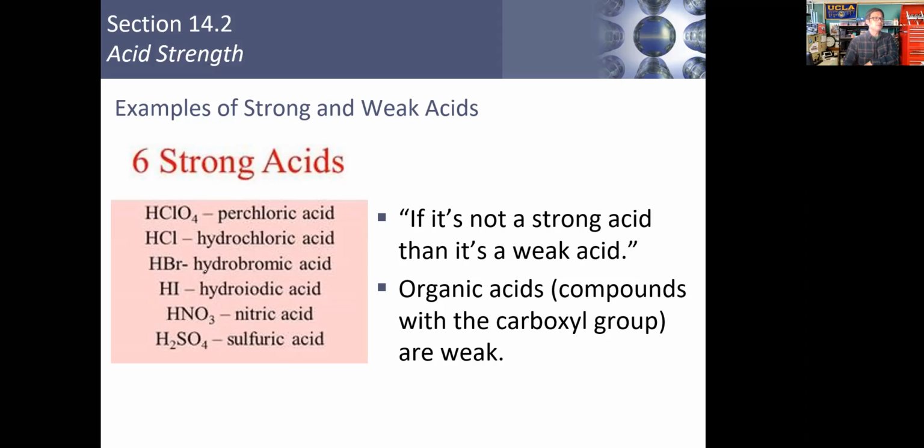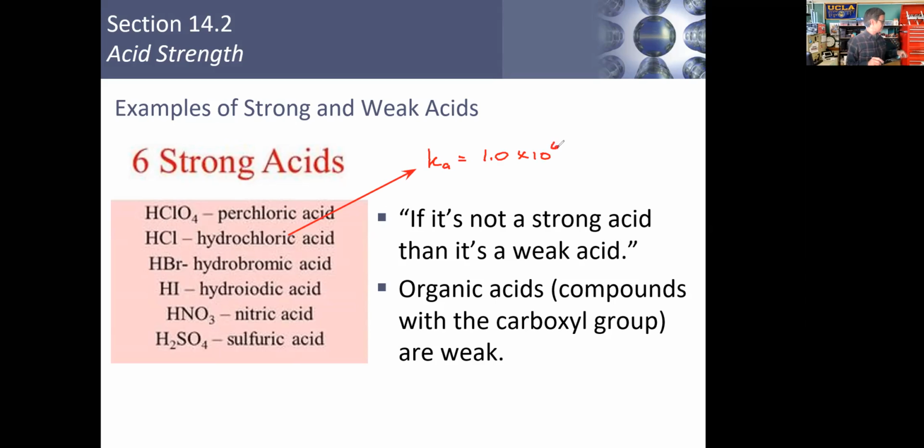So these are the list of the strong acids, which means the Kas for these will be very large. For example, the Ka for hydrochloric acid, and I'm just going to give you this number as a point of comparison, is on the order of 1 times 10 to the 6.